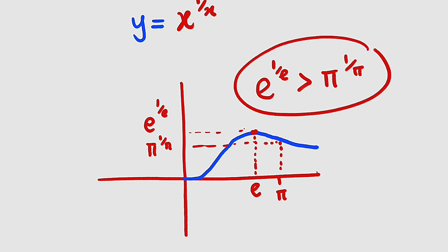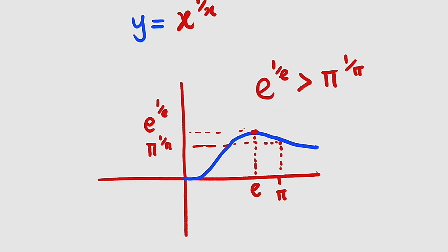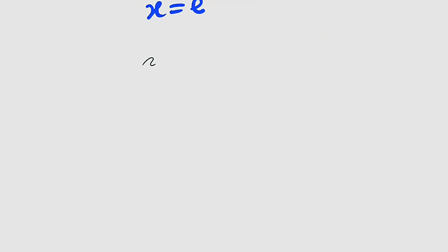So now let us take this function, simplify it in terms of what was given to us initially. Since we have seen that e raised to the power of 1 divided by e is greater than pi raised to the power of 1 divided by pi, we can multiply their respective exponents by what? e pi.